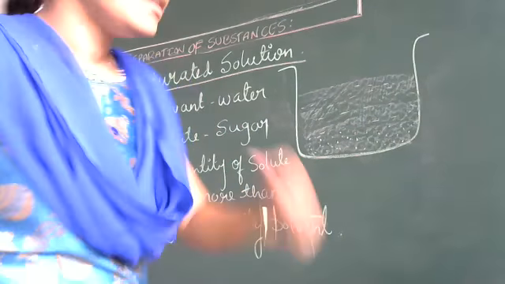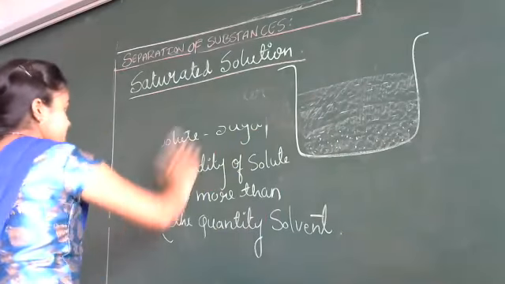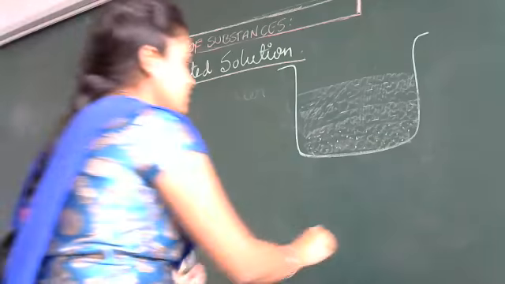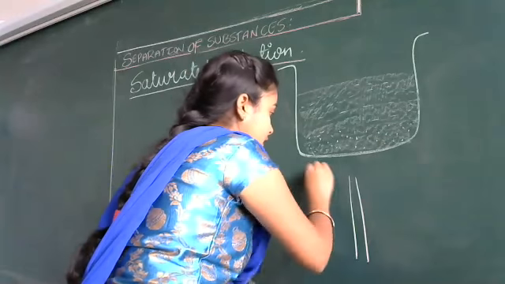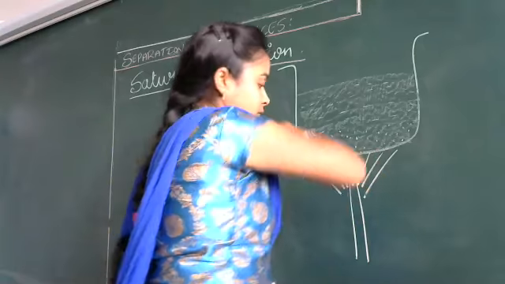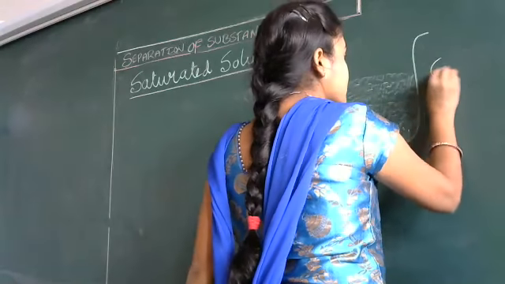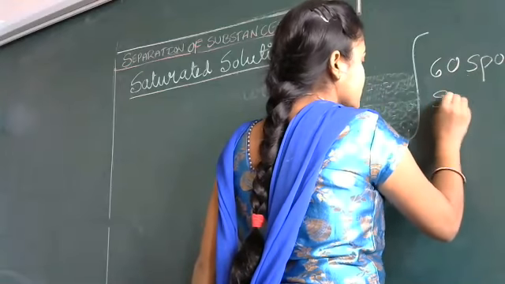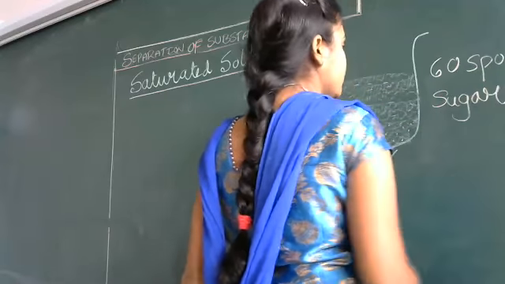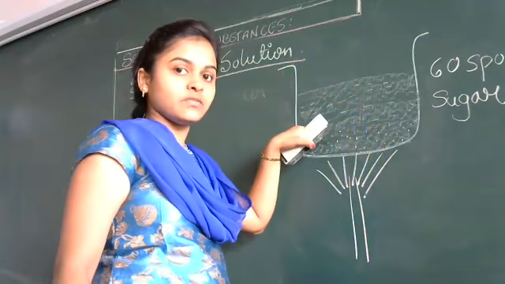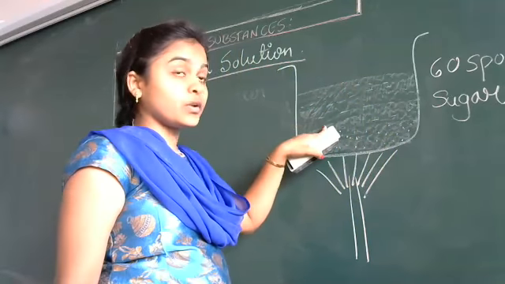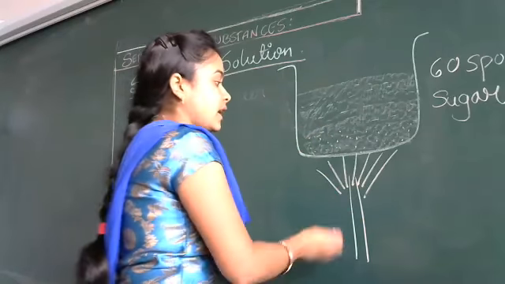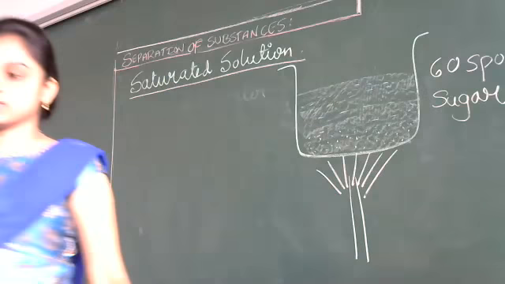Now next, what we will do is, for this solution, I'll supply heat, where 60 spoons of sugar are present in this saturated solution. This is a saturated solution where the amount of solute is more than the amount of solvent. Now I'll just supply heat to this solution.